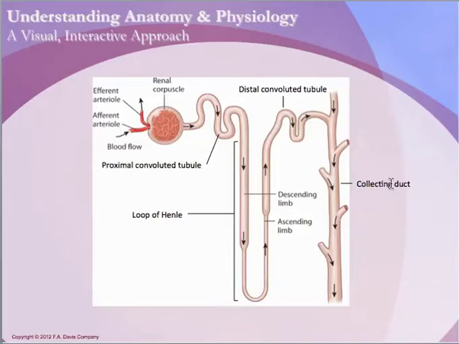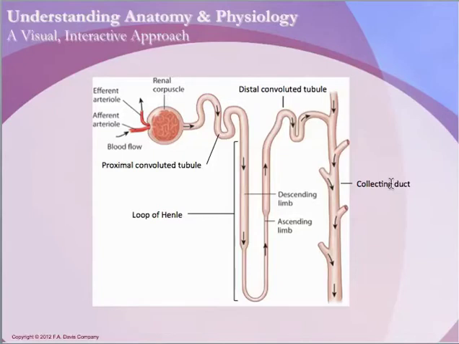The first place it ends up is the proximal convoluted tubule, closest to Bowman's capsule. There are thousands of microvilli that allow absorption inside the proximal convoluted tubule. So that's a distinguishing factor.